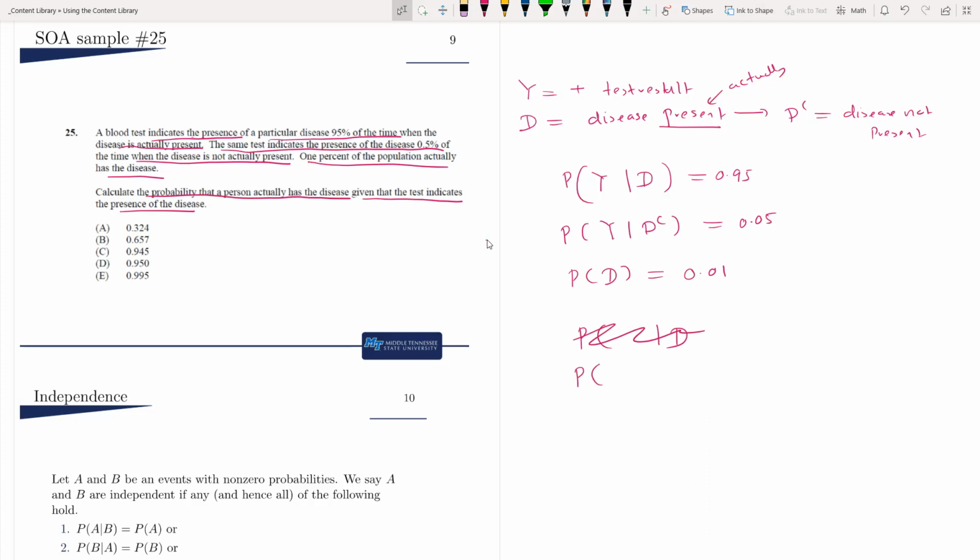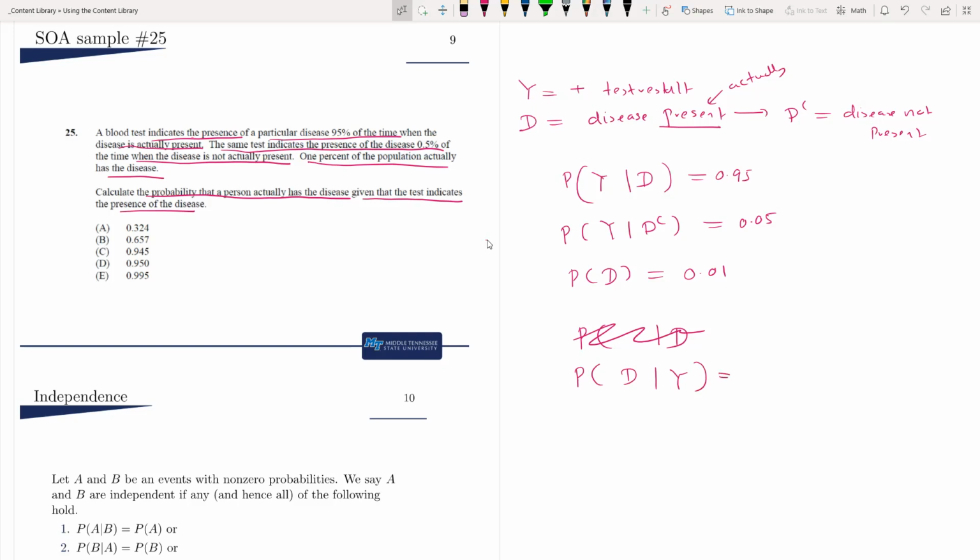So basically the probability of disease given positive. Now, this is actually a Bayes theorem problem. I think this should have come after the Bayes theorem, but anyway, let me give you some idea how to do this.